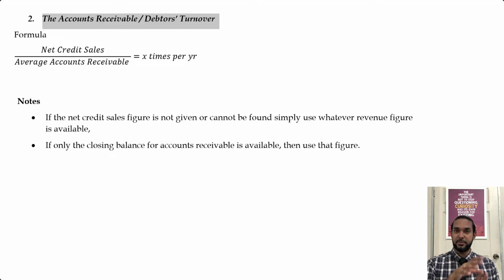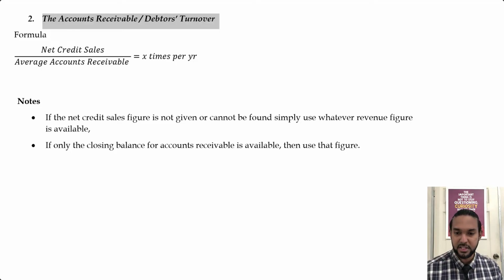So you could do average for 2019, but you can't do it for 2018 because you need 2017's closing debtors. So if you have a situation like that with two consecutive years, don't use average receivables for one and not the other. You need to have parallel computations in order for your ratios to be comparable, right? That's very important. So if that's the case, just use the closing for both of them, right?